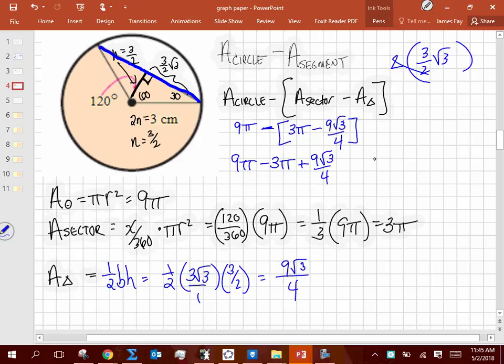So now what's 9 pi minus 3 pi? 6 pi. Now I have my 9 radical 3 over 4. And that's good enough. If you want to put a common denominator of 4 in there, that's fine. So you could have 24 pi plus 9 radical 3 over 4. But that's sufficient there.